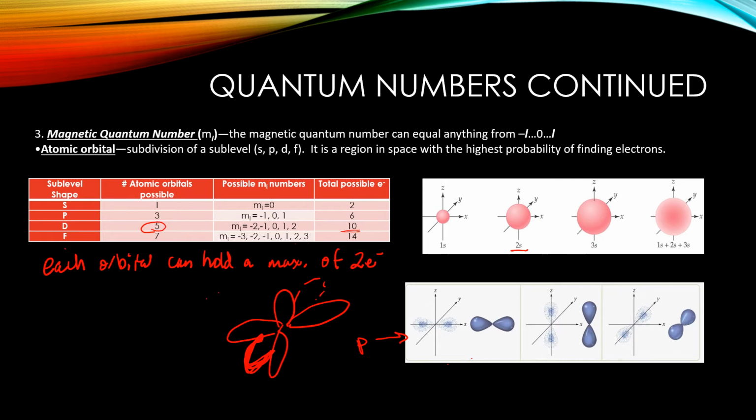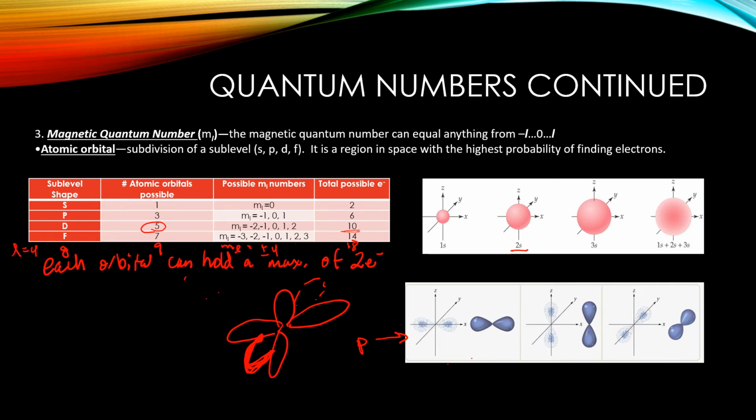So if I added a G sublevel, it would have 9 for its possible orbitals. The M sub L would be anywhere, because this would now get an L value equal to 4. So it could be anywhere between a plus or a -4. So it would now have 9 possible orbitals, and it would have 18 total electrons. Okay, so that is your magnetic quantum number.